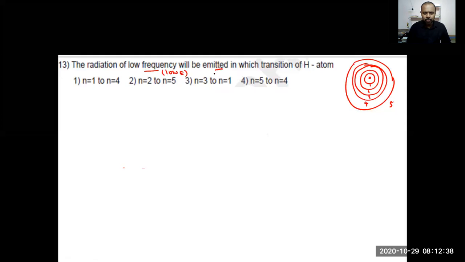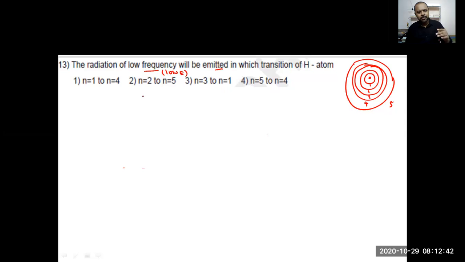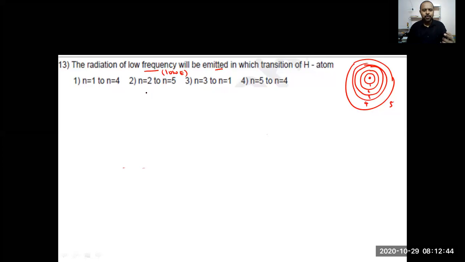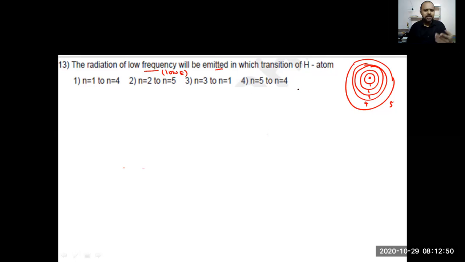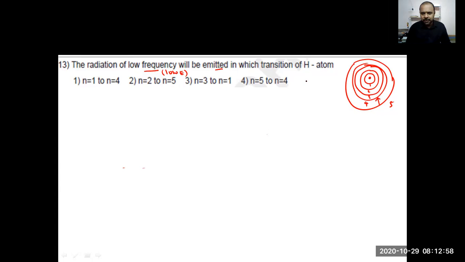Emission wouldn't be possible with options 1 and 2, because whenever an electron goes from a lower energy level to a higher energy level, it is promoted, it absorbs energy. Fine. Now 3 and 4, which is correct? 4 is correct because 5 to 4 is only one energy level difference. The difference in energy is emitted as radiation, correct?